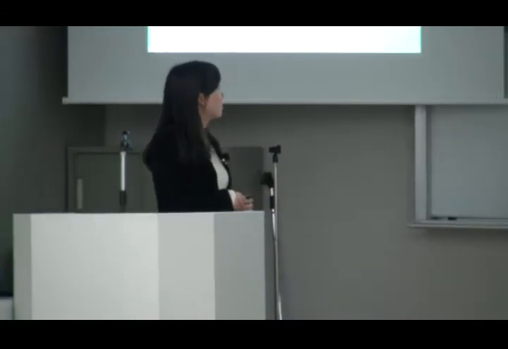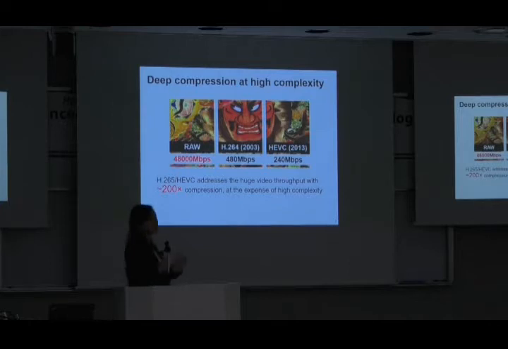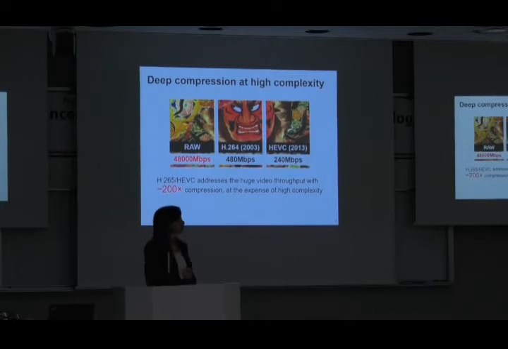Thanks to the new standard, the latest H.265 HEVC standard, it can compress this data a lot. So let's check the image. This is the size for the raw data, where we didn't do any compression. And then we have a standard to compress the data, called H.264.